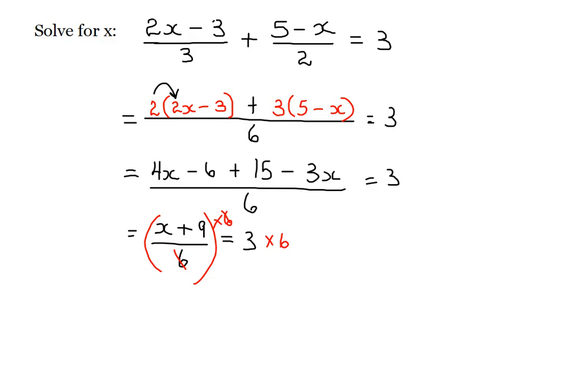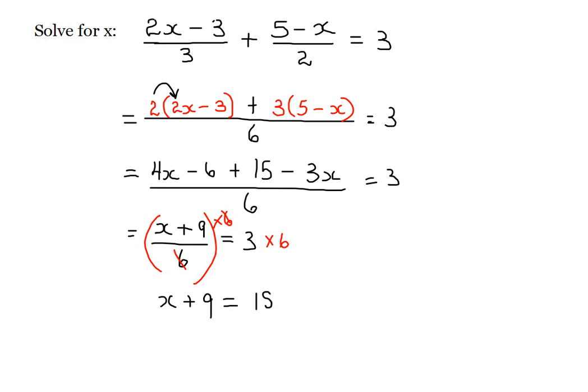So it's just going to leave us with the expression in the numerator. So we're going to remain with x plus 9. Now across on my right hand side, 3 times 6 is 18.